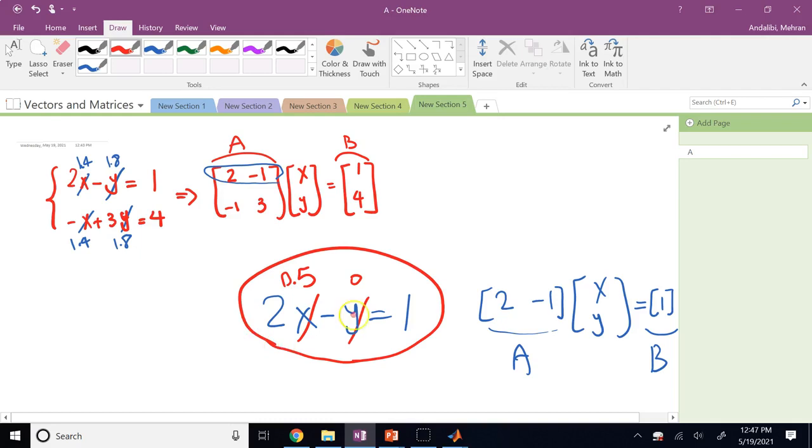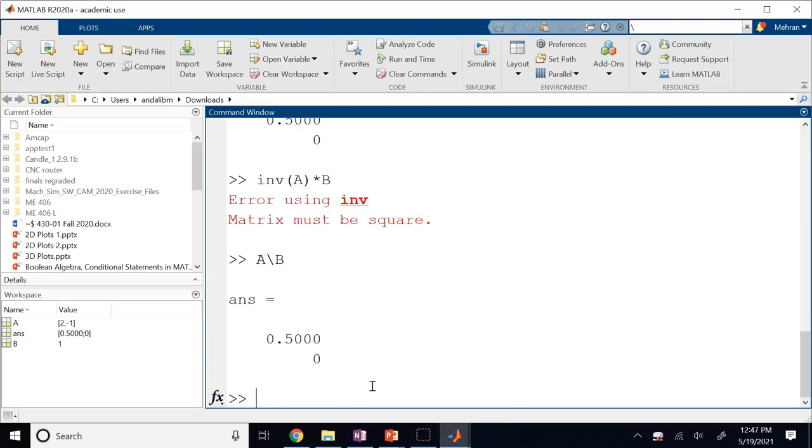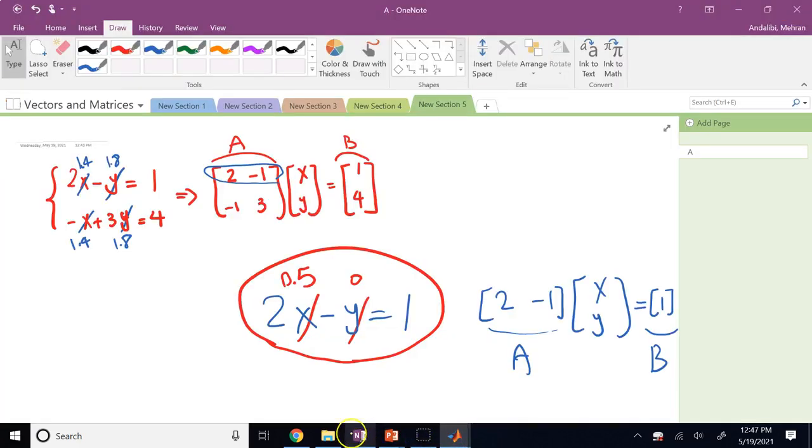So what it did, it tried to zero out some of the redundant variables, the variables that are beyond the number of equations, and determine the rest. So it just gives you one single solution. And if you run it one more time, it gives you the same solution, okay? So that's for a system of equations that is underdetermined.